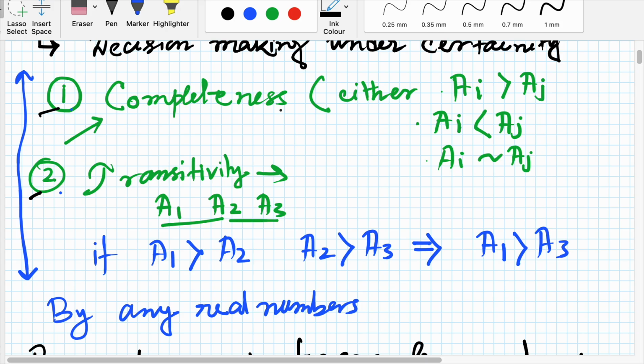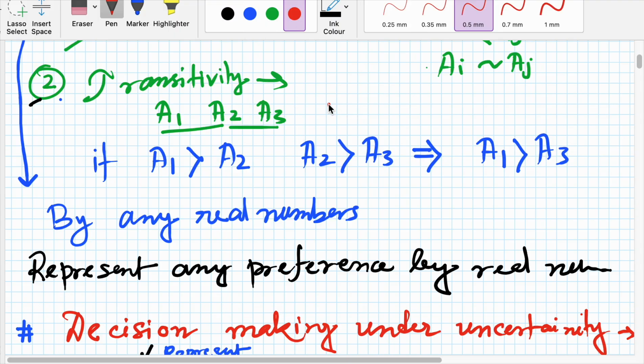And the second is transitivity. If I present you three or multiple options, and the preference relation is transitive, that means, suppose I present apple and banana, you prefer apple over banana.